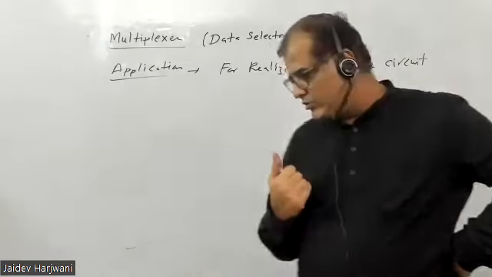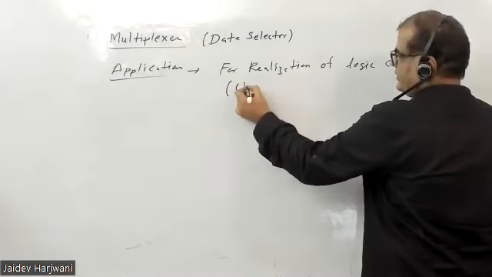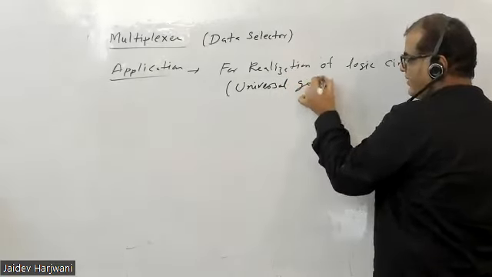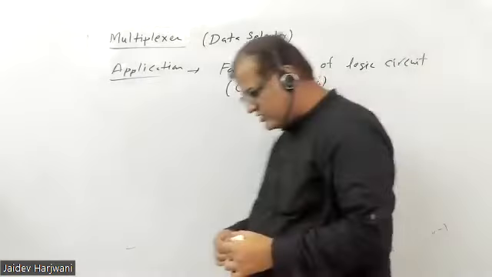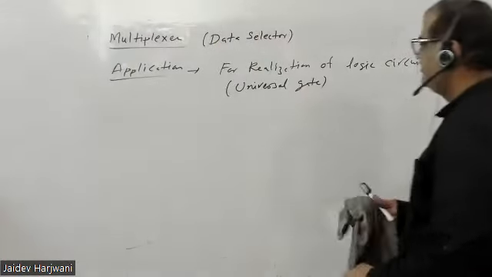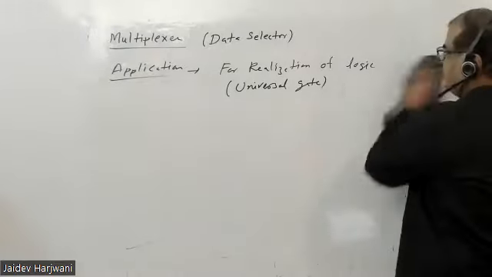Okay, now how to do this one? So this is basically like a universal gate. You can implement any Boolean function. Okay, now first we'll see a simple example and then we'll move on.